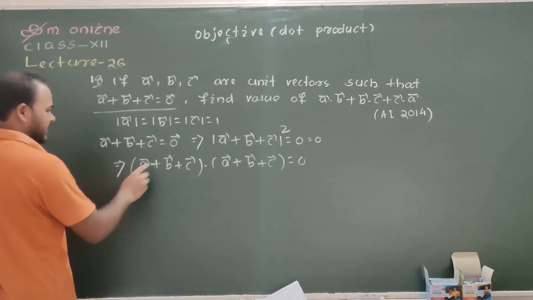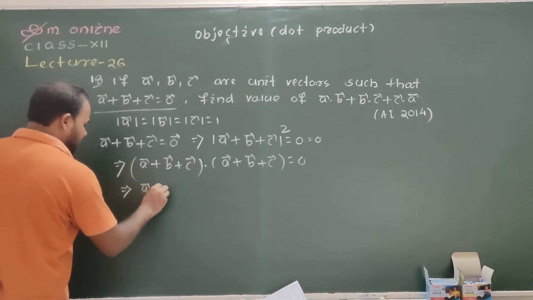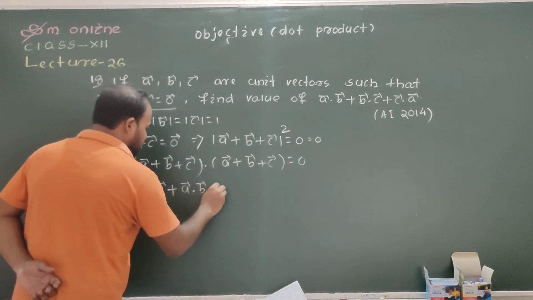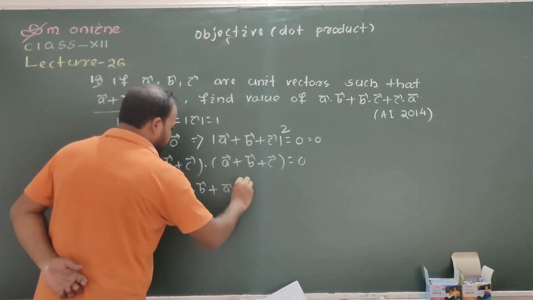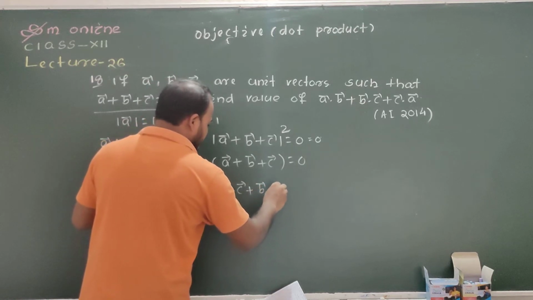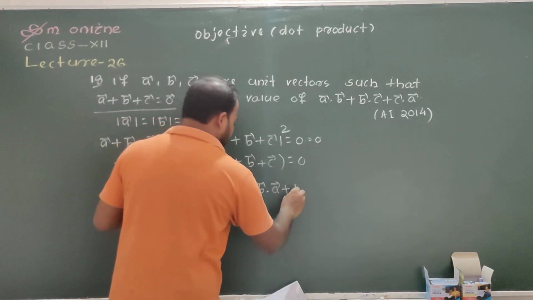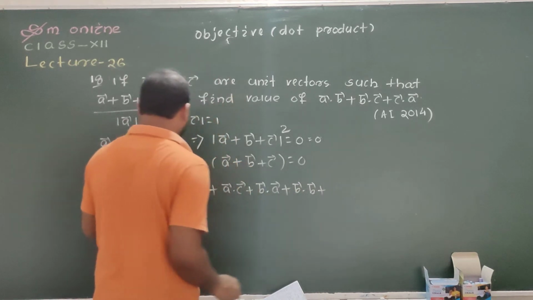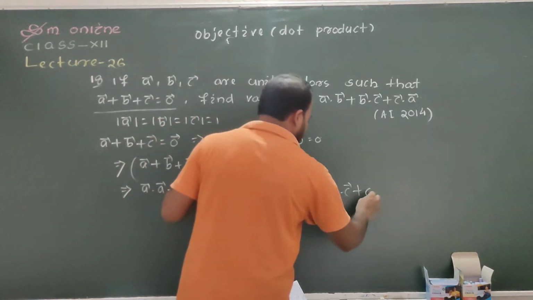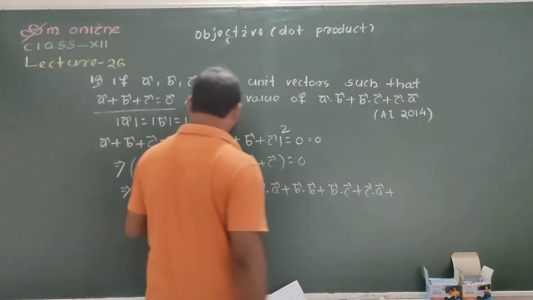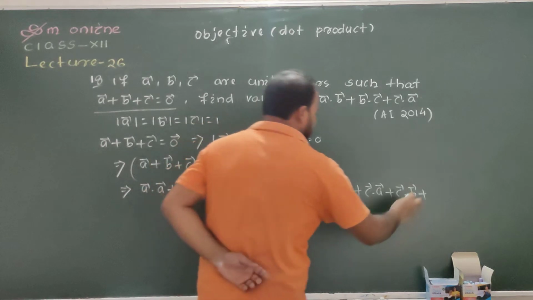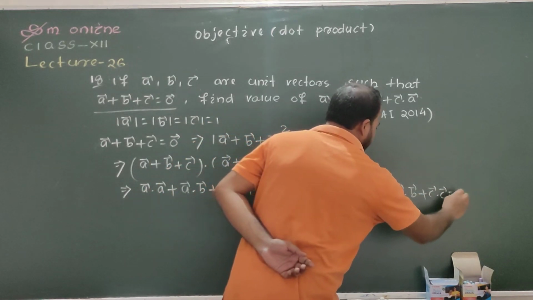Dot product is distributive over vector addition, so we get vector A dot vector A plus vector A dot vector B plus vector A dot vector C, plus vector B dot vector A plus vector B dot vector B plus vector B dot vector C, plus vector C dot vector A plus vector C dot vector B plus vector C dot vector C equal to 0.